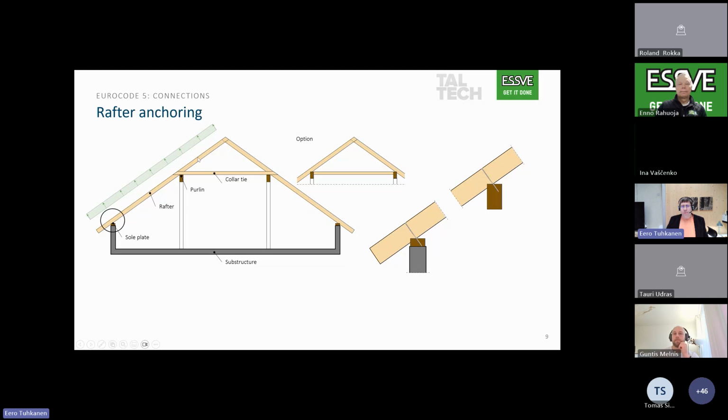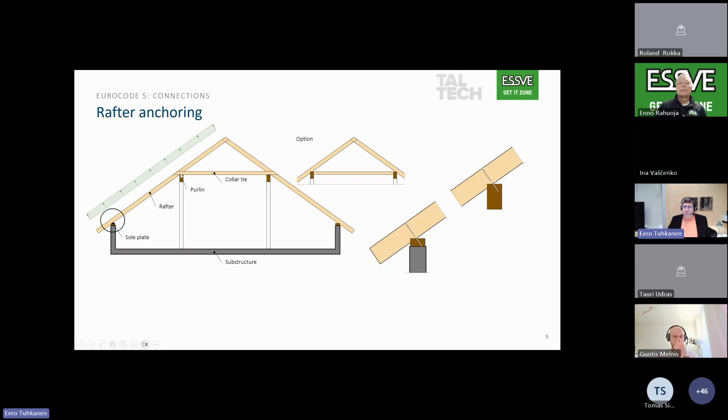But if you have a rafter between the columns, then the purlin can deform, and then you have to consider this deformation of the purlin as well. So it's very good if you can calculate that with finite element software, because it's quite complicated to do by hand.